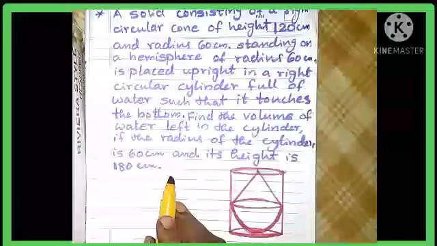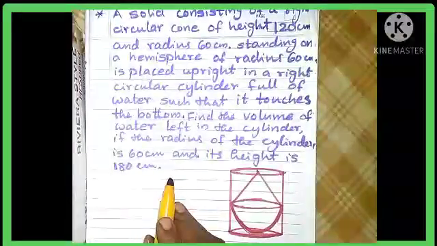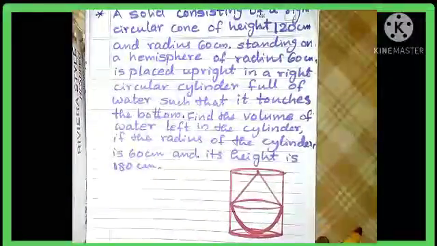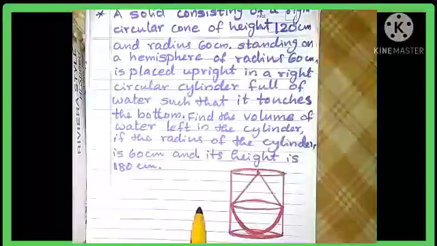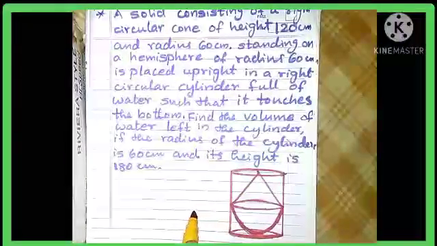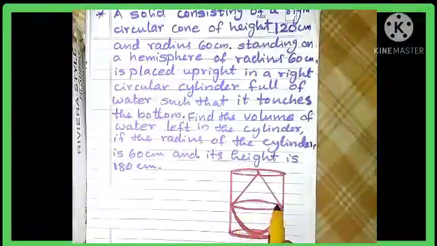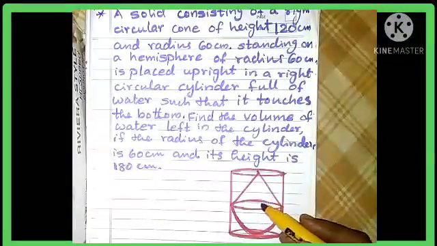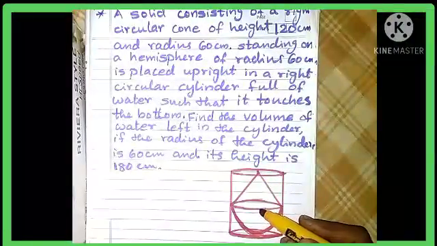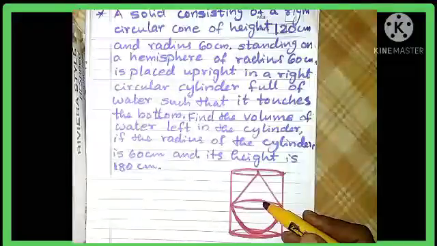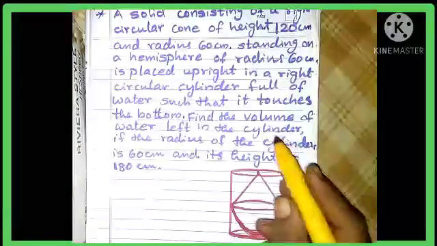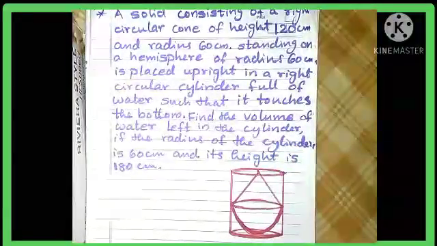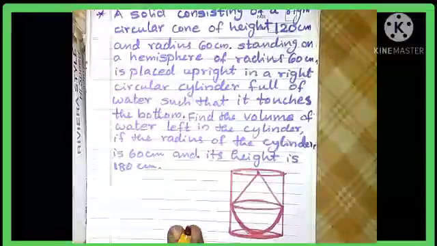So, you can read the question very carefully. So, what is given? A solid consisting of a right circular cone and also a hemisphere. So that you can see here a hemisphere and also a cone. So this solid we are putting, where are we placing that? Upright in a right circular cylinder, and this cylinder is full of water.